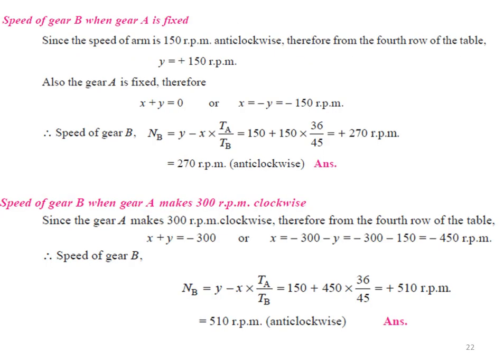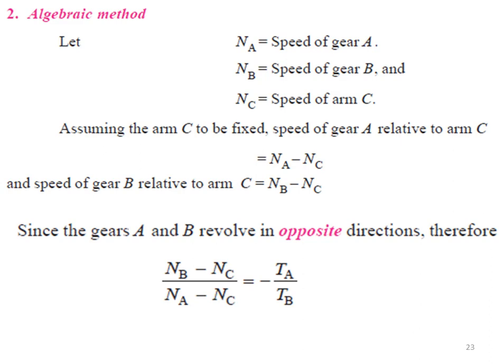The same thing, if you use it to solve this same problem here, assuming that arm C is fixed, the speed of gear A relative to arm C will be Na minus Nc, and the speed of gear B relative to arm C will be Nb minus Nc. Since gears A and B revolve in the opposite direction, (Nb minus Nc) divided by (Na minus Nc) equals minus Ta by Tb.